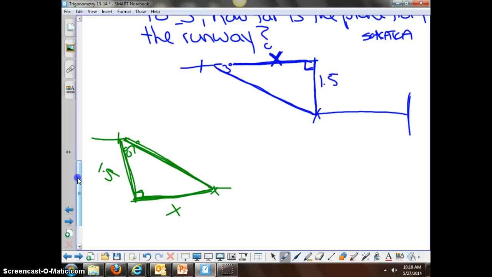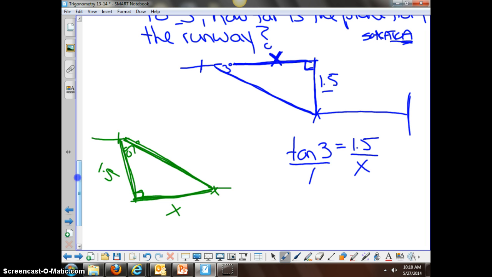Okay, tangent of 3, so TOA. Tangent is opposite over adjacent. So tangent of 3 equals opposite, which is 1.5, over adjacent, which is x.